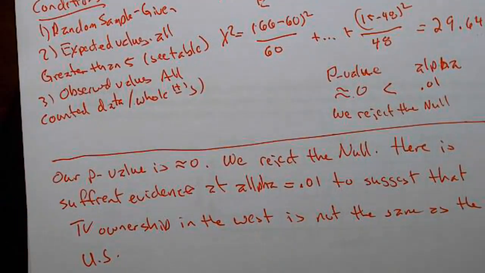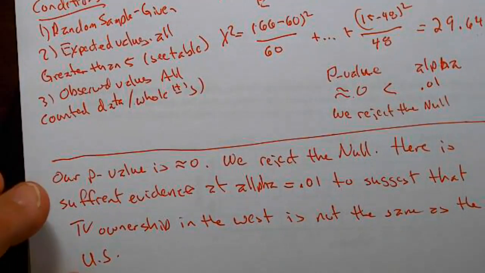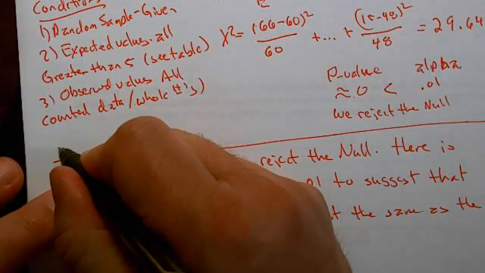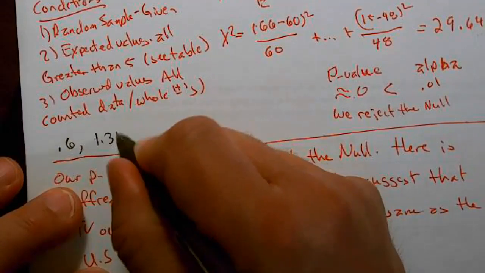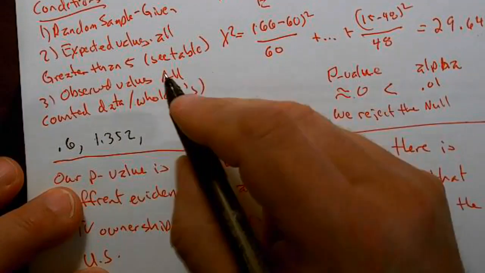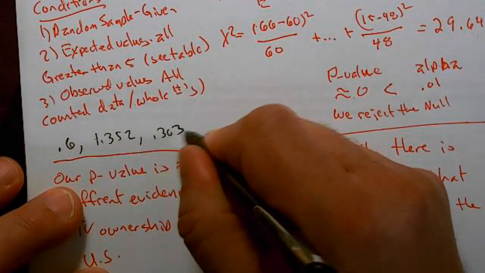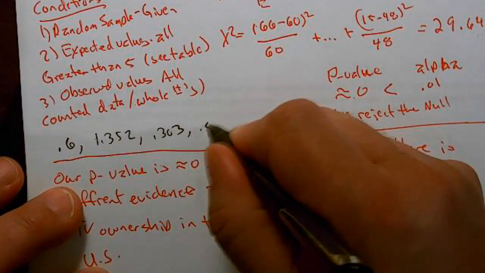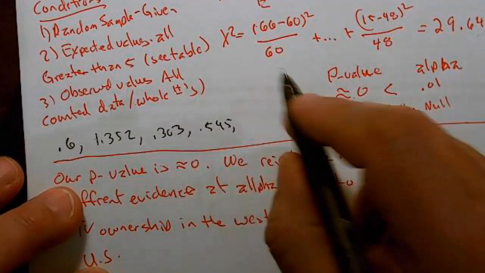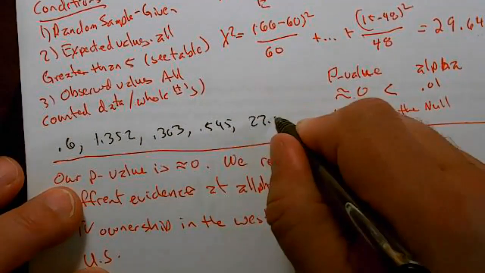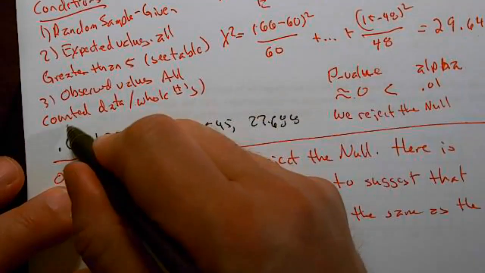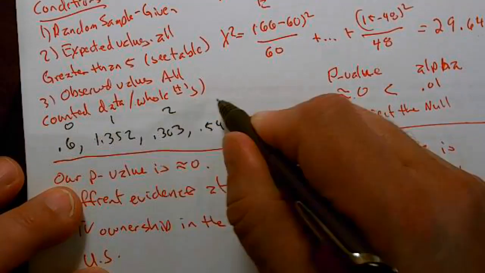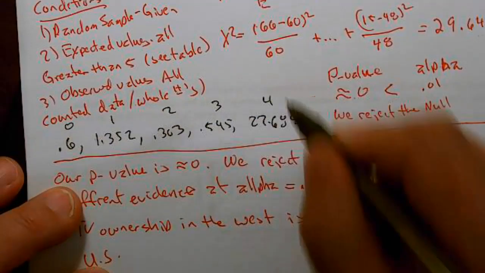All right. And our contributions were approximately 0.6, 1.352, 0.303, 0.545, and 22.688. This is for 0 TVs, 1 TV, 2 TVs, 3 TVs, and 4 TVs.